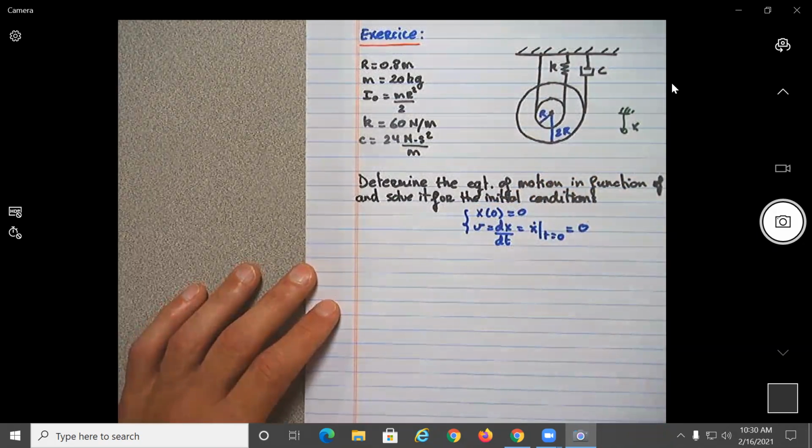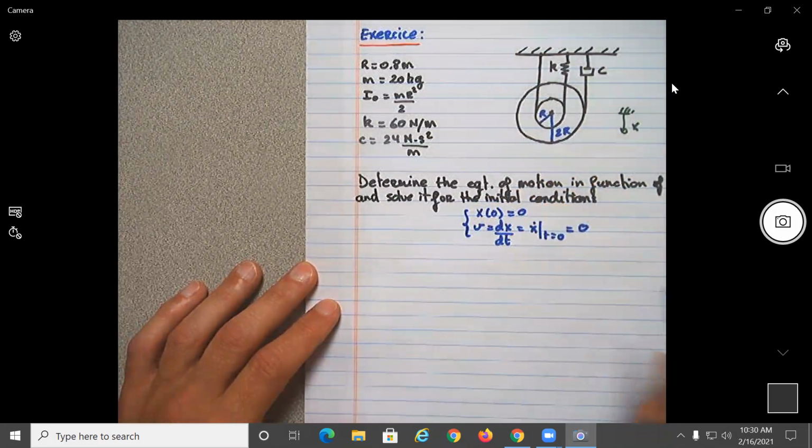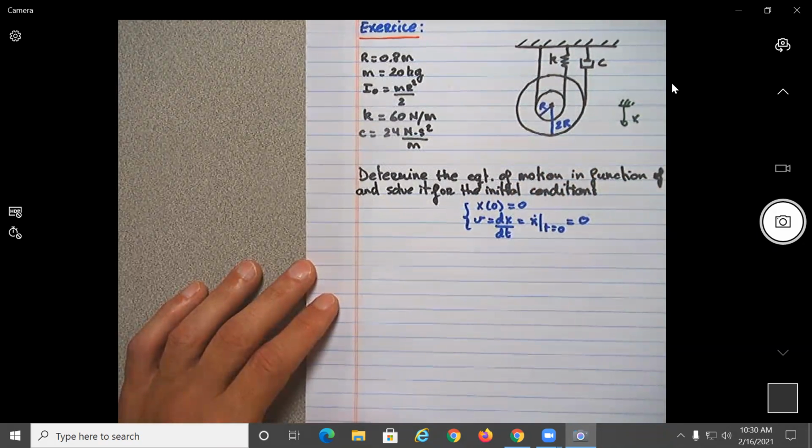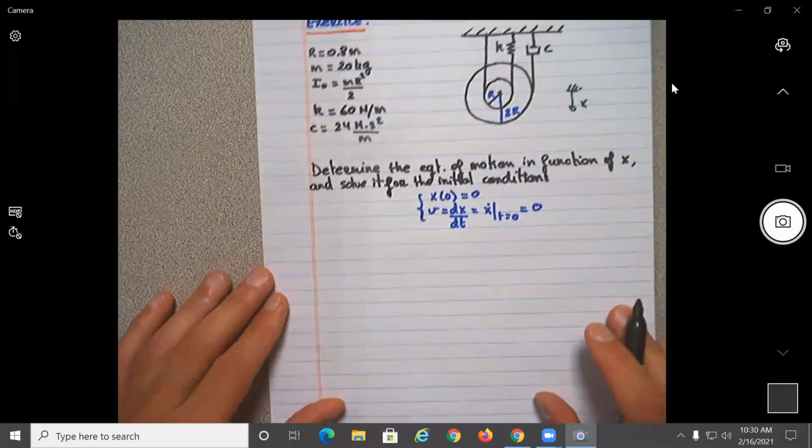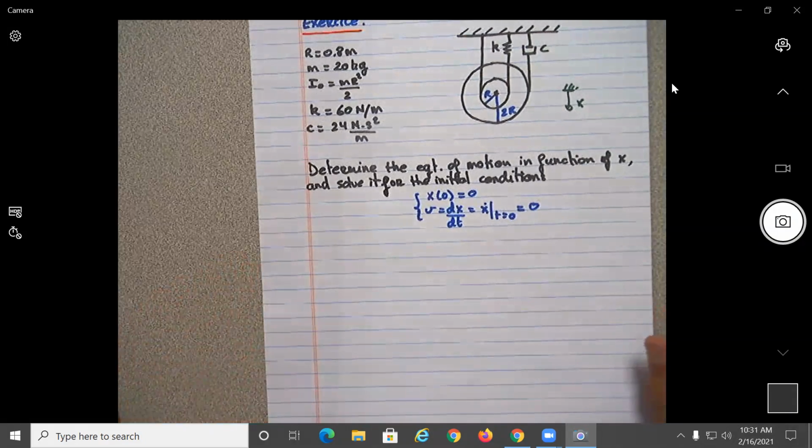The simplest case you can have. All right, so there we go.